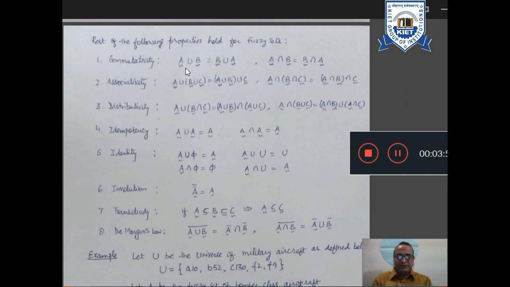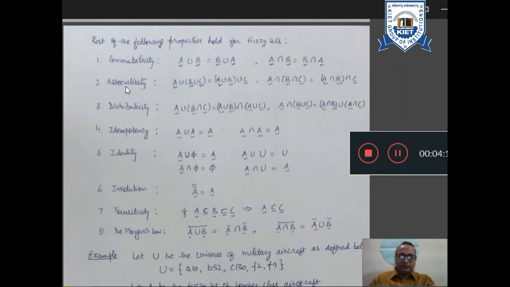Similarly, when we do the intersection of the two fuzzy sets, the membership value in the final resultant set will be the minimum membership value among set A and set B. So this way we have done all these things.